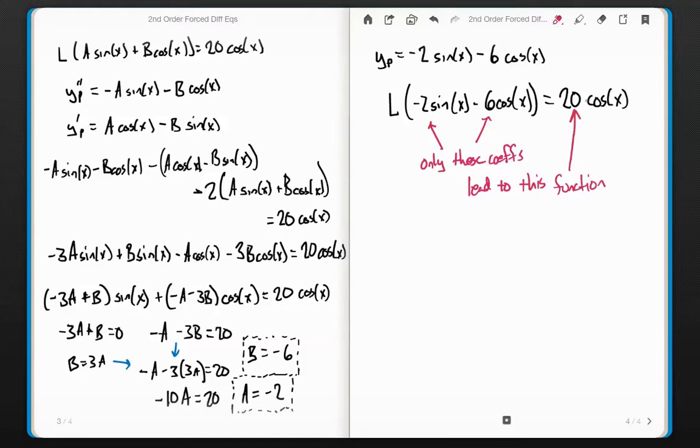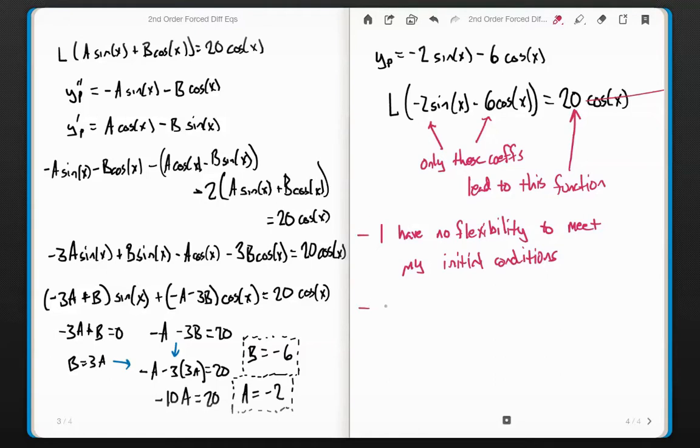Those are the only ones that work. I have no flexibility to meet my what? To meet my initial conditions. That's bad. That's problem number one.